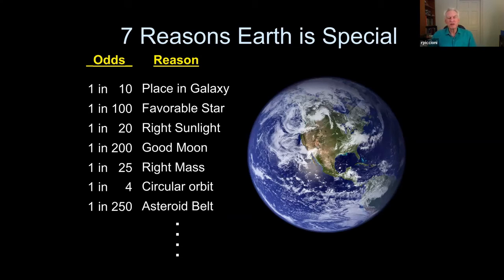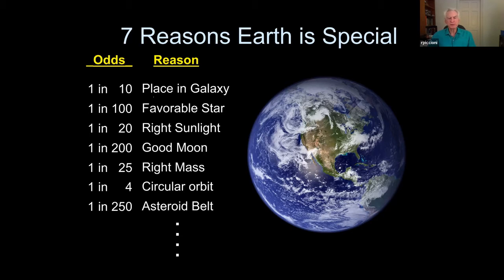We are in a very favorable place in the galaxy, and the probability of that occurring is 1 in 10. That's not an overwhelmingly unlikely occurrence, but most stars aren't in those favorable positions in a galaxy. We have a star that has the right composition, the right mass, and was formed at the right time in the age of the universe. The odds of that are 1 in 100, and so on.